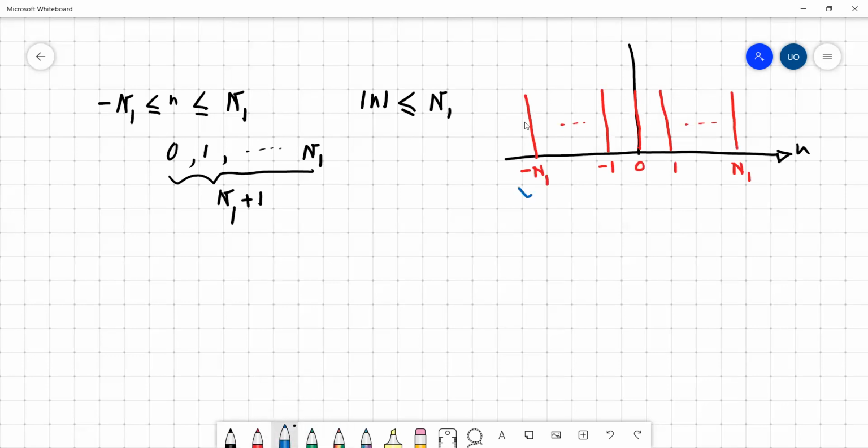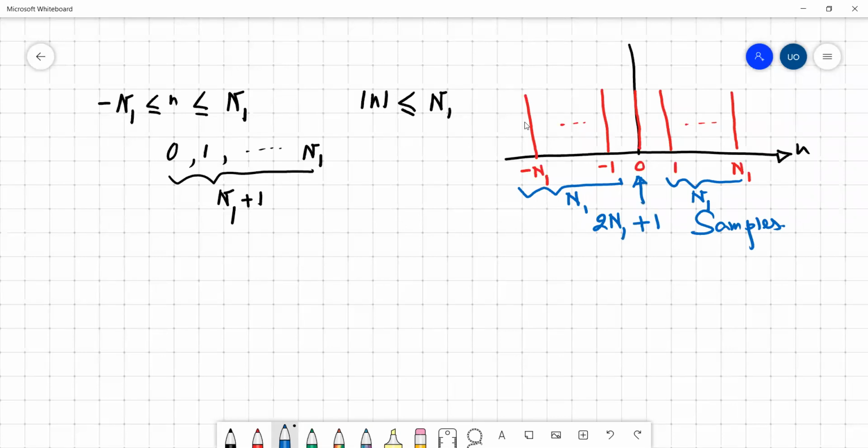So between minus 1 and minus N1, we have N1 samples. Similarly, from plus 1 to plus N1, we have N1 samples. Including 0, we have 2N1 plus 1 samples. So I hope it's clear.